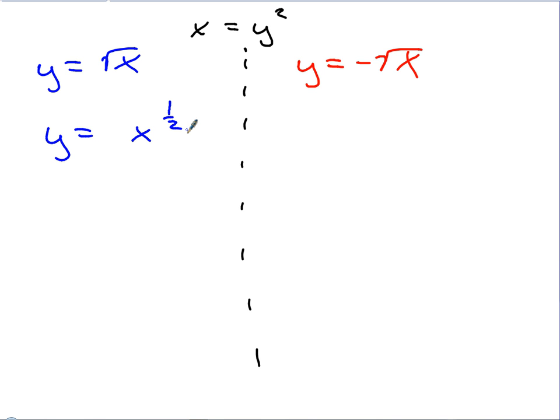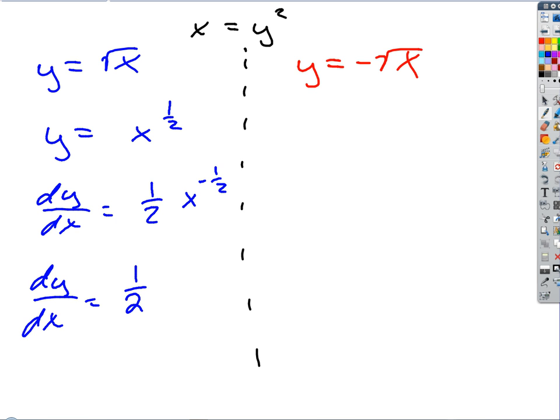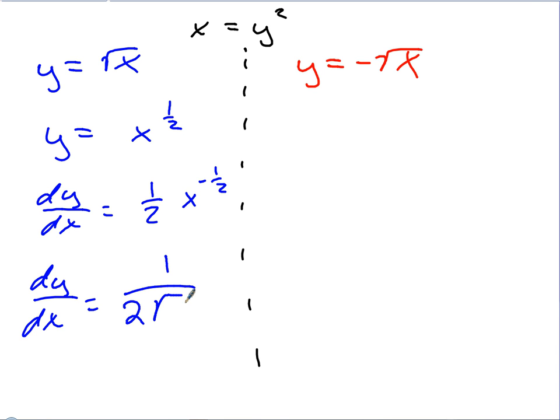So now if I take a derivative, I get 1/2 x to the negative 1/2, which finally I could write as 1/2 times the square root of x.